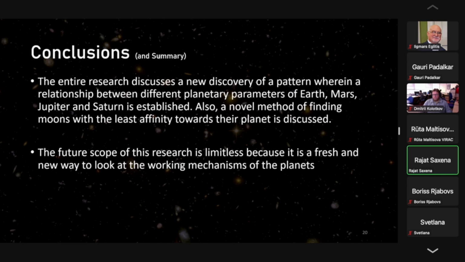So these two things we discussed, and I feel that the future scope of this research is limitless for now. It's a big word, but because it's a fresh concept and a new way to look at the working mechanism of planets. As I said earlier, if we use it with other known laws of physics, we might come up with interesting conclusions regarding the four planets.